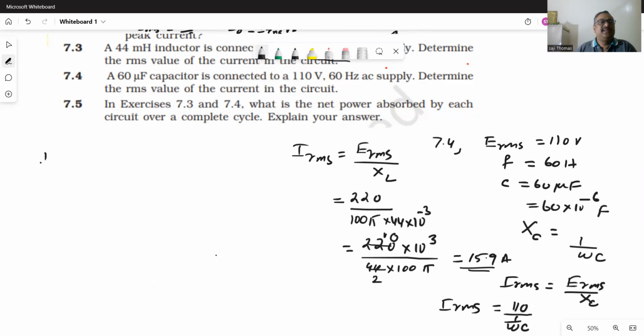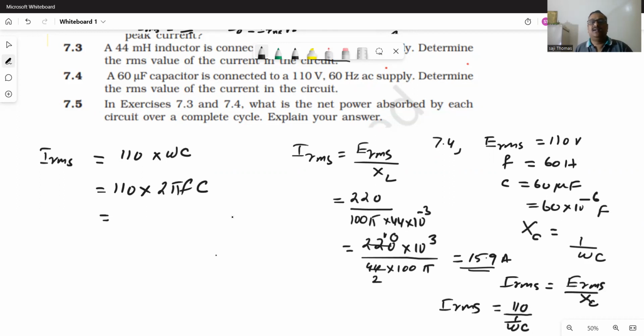So what you are getting? IRMS equals 110 into omega C, where omega is 2 pi F.